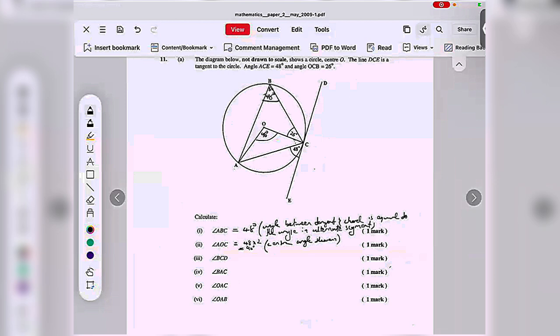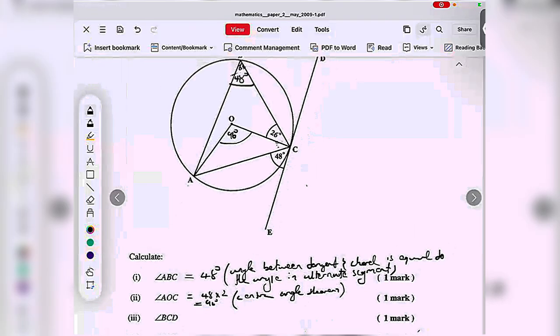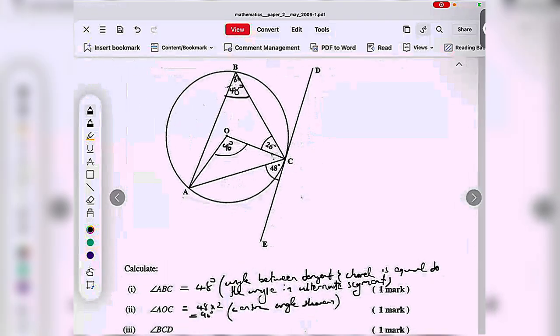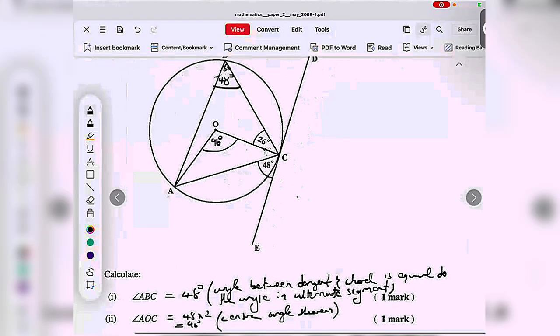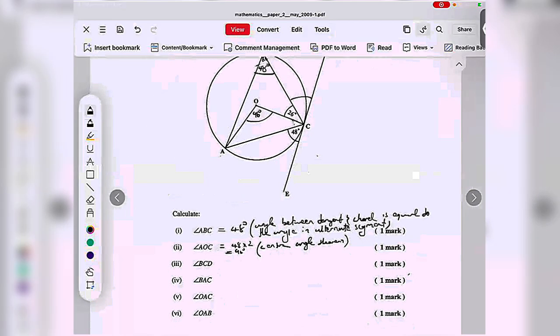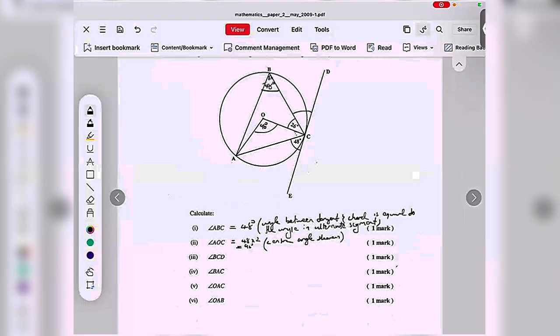All right. Now, it's 96. BCD. Where is the angle located? BCD. Would it be at C? Yeah, it would be at C over here, so correct. What is that angle? Think, guys. Think.